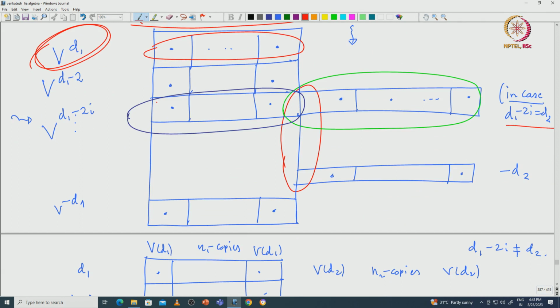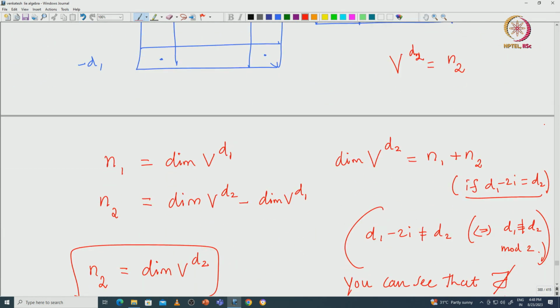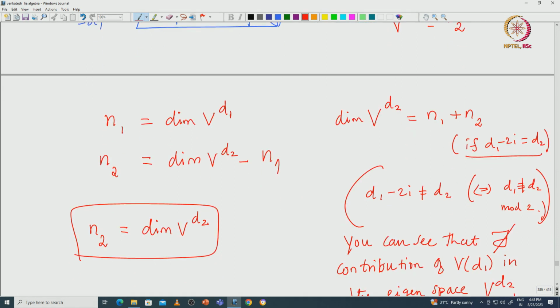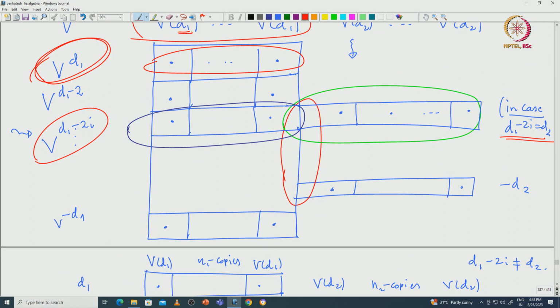When you come to D2, you need to be careful. Sometimes this D2 can be equal to D1 minus 2. In that case, you have to subtract N1 from the dimension of V_D2, because N1 plus N2 will give you the dimension of V_(D1 minus 2), which is D2.